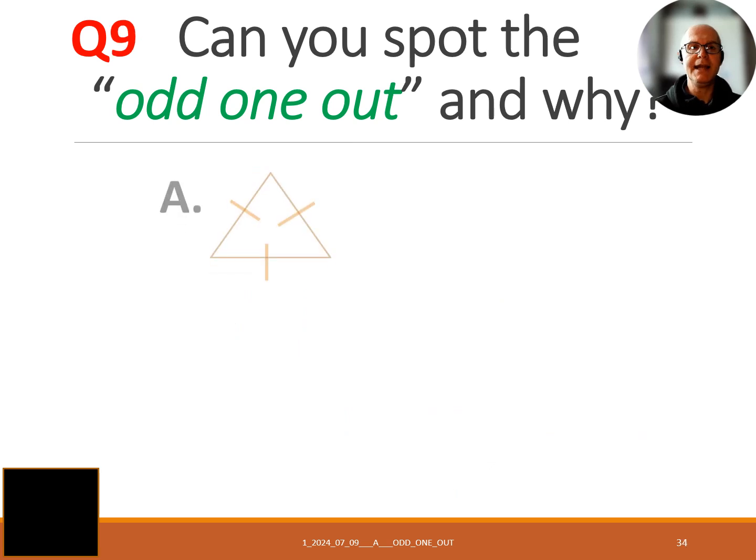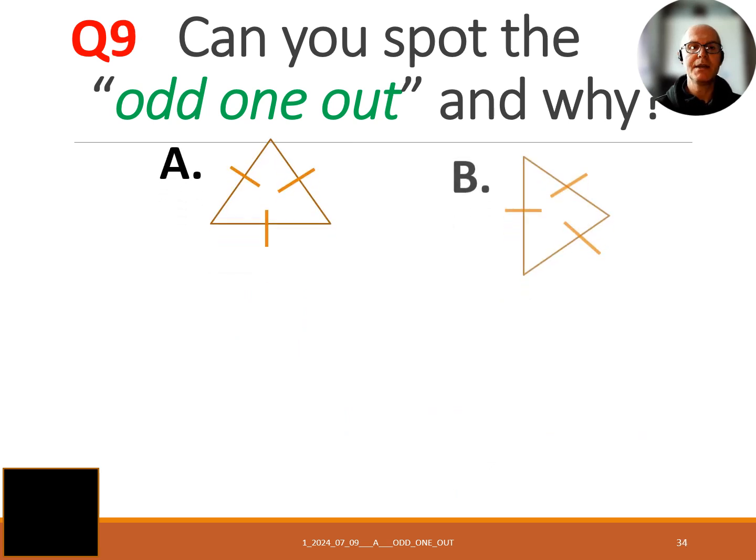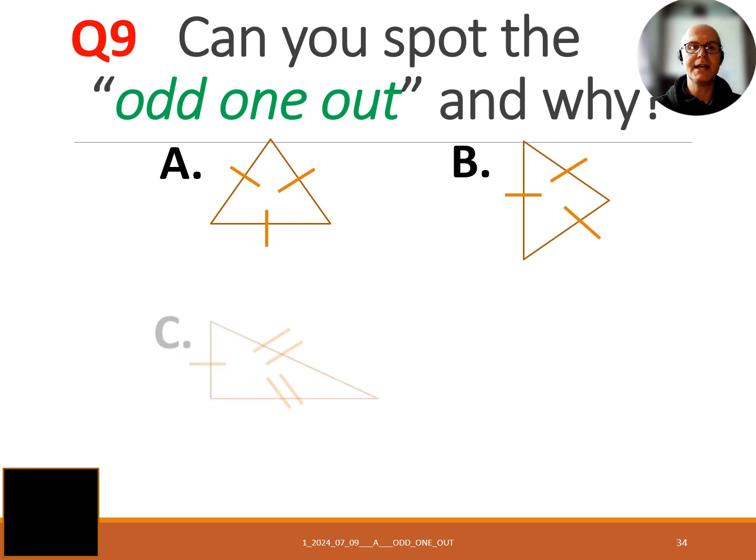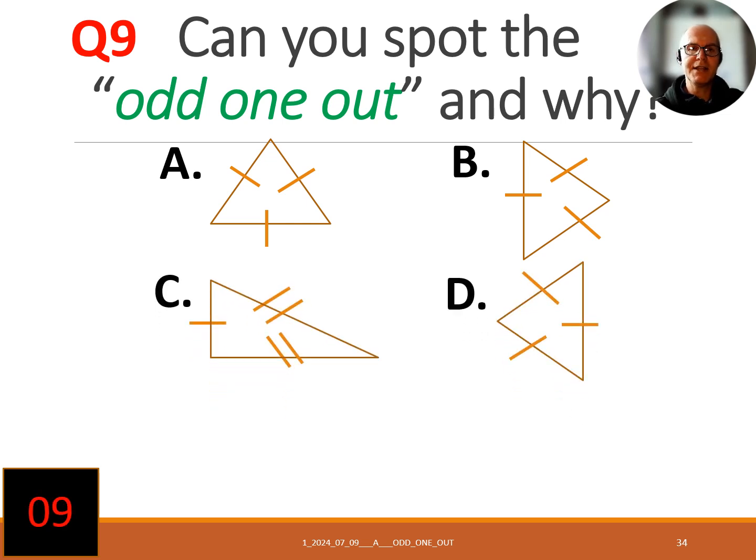Question 9. A, this triangle, B, this triangle, C, this triangle, and D, this triangle. Which is the odd one out of these four triangles and why?